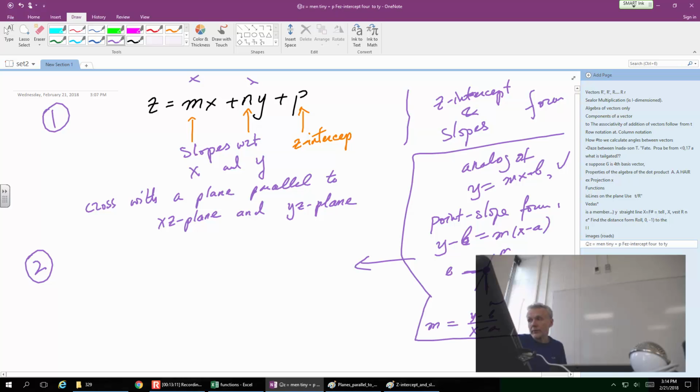Why is it important? The slope is y minus b over x minus a. What's the meaning of the fraction? That's why it matters.